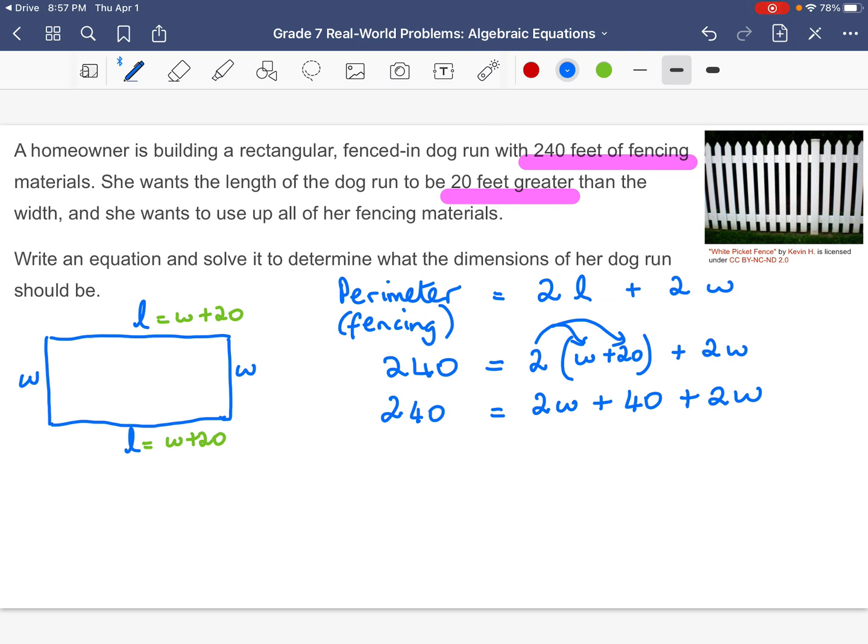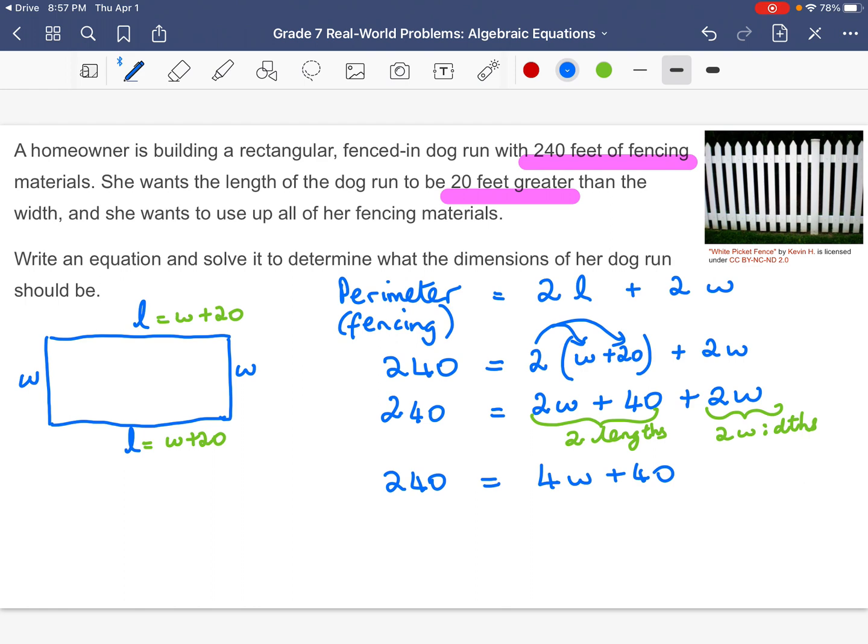So I just want to write a little note here for you. This is my 2 lengths, and these are my 2 widths. Next I'm going to combine like terms. 2 width and 2 width is 4 width plus 40.